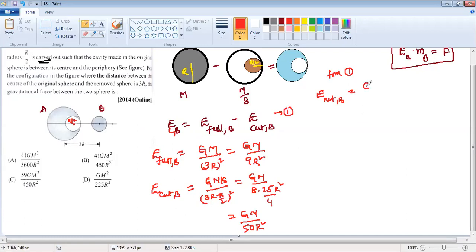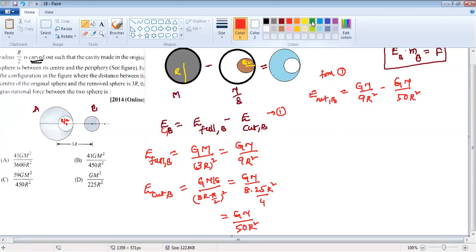That is GM by 9r square minus GM by 50r square. What is the answer? That is 41 GM by 450r square. Now this is the field.